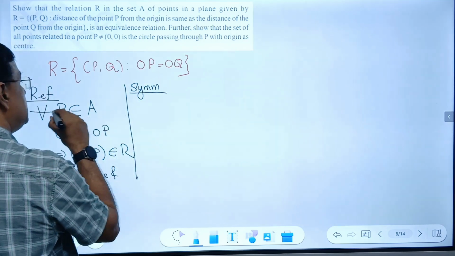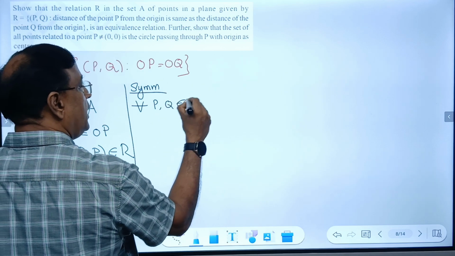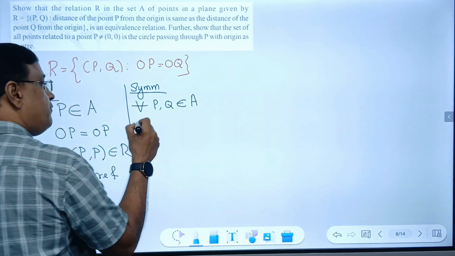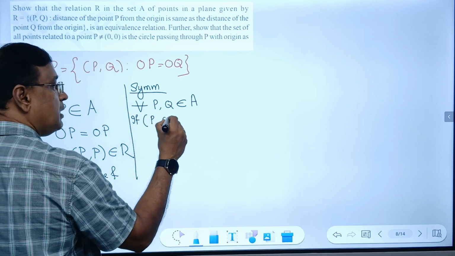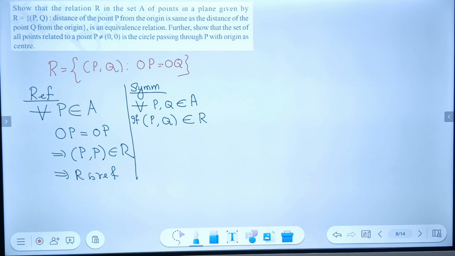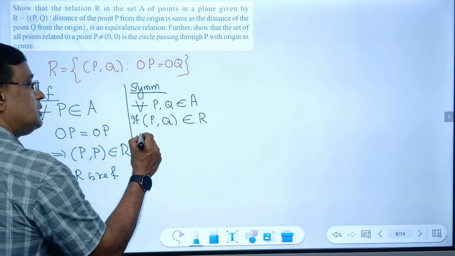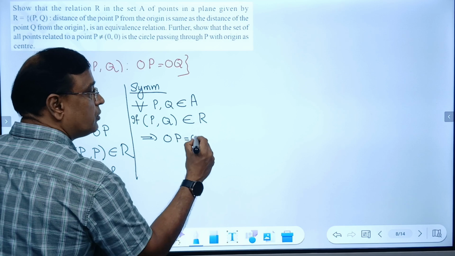How many elements should I choose? For every P, Q belongs to set A, if (P, Q) belongs to R, then by the definition, OP equal to OQ.